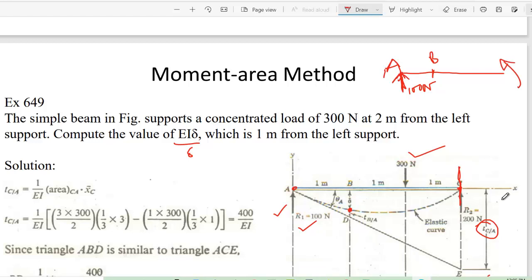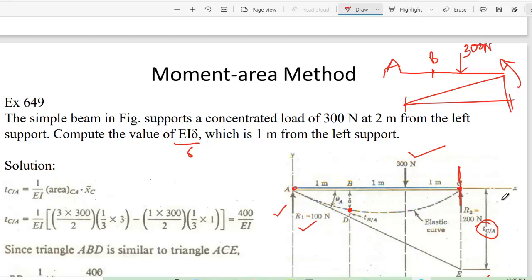Okay, so what is that? 100 into 3. So that would be like this, 300. Now you introduce another. Now you do not consider this one. You forget about this. Now you have load 300 Newton acting downward.